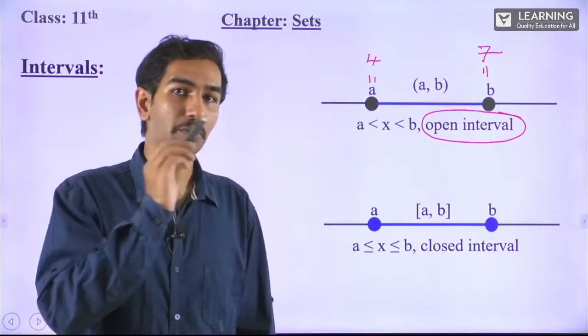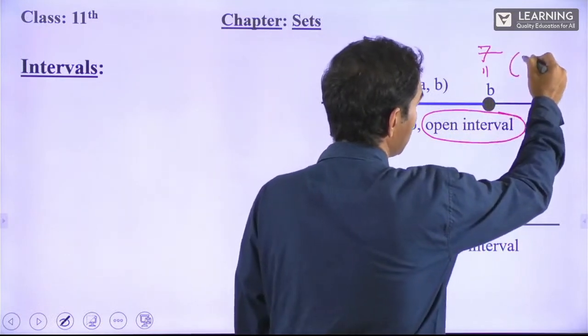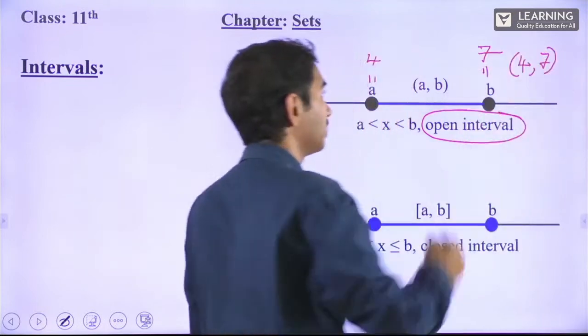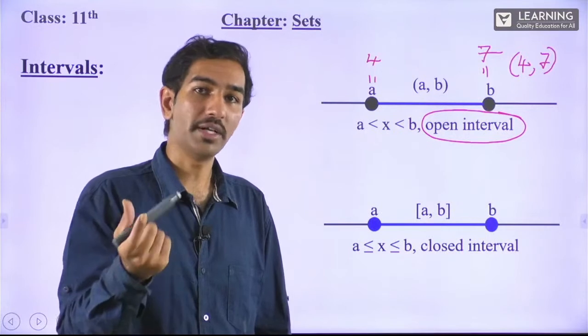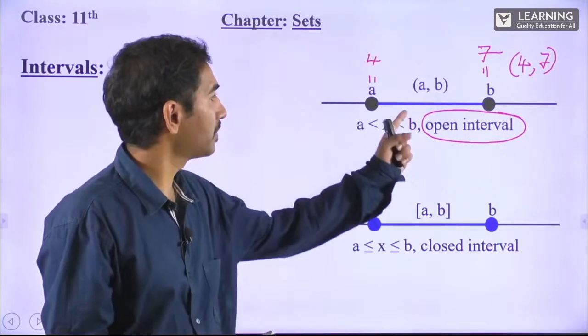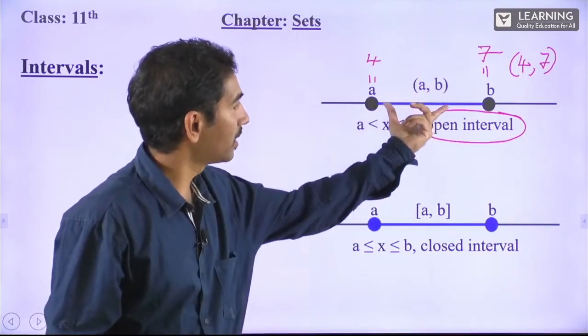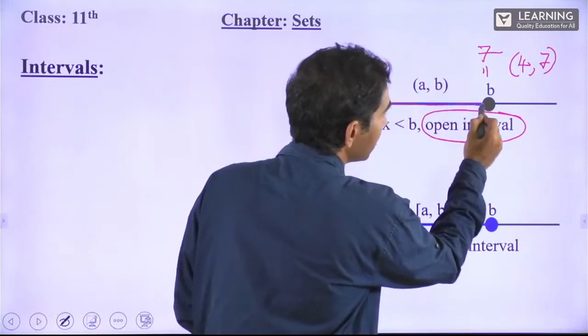How do you represent this open interval? Since it is an open interval, we'll represent it as round bracket 4 comma 7. Now what is x, students? Just make some difference with the colors here. See, this blue color line, whatever you can see here, this entire thing is x.